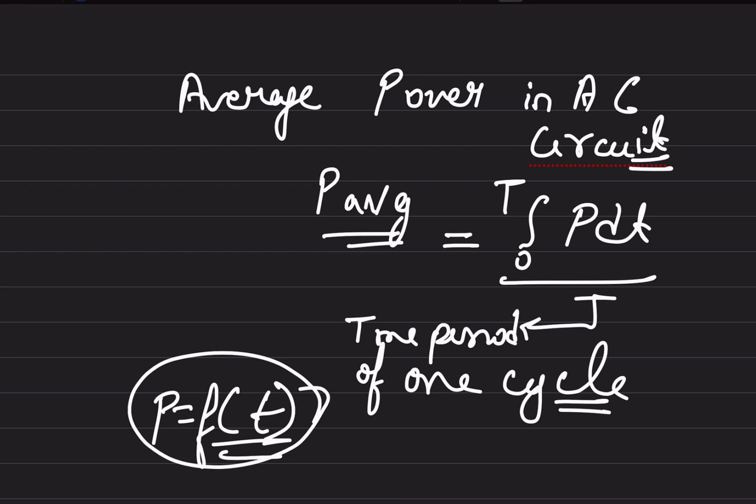This is how the average power of an AC circuit is defined: integral p dt upon T.